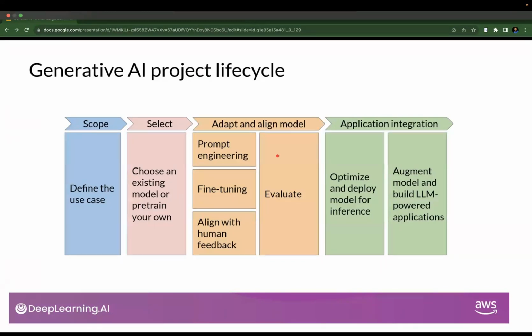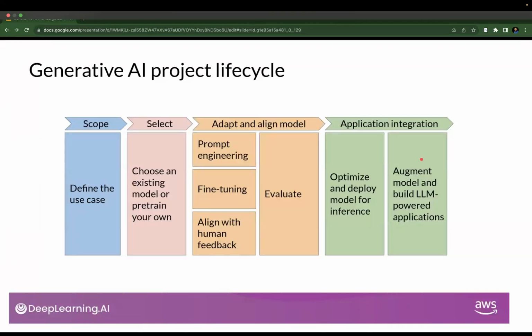Finally, once the model is ready to be deployed, we have to optimize the model so that we can get inference really quickly, and we have a smaller footprint in deployment. LLMs on their own are not the silver bullet. They have their strengths, they have their limitations as well.